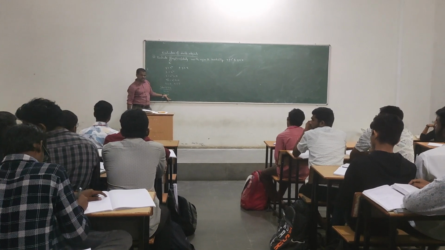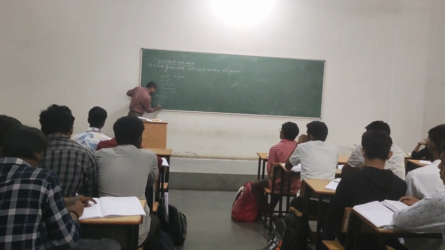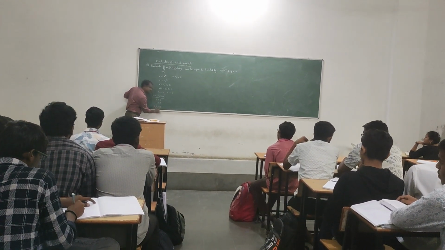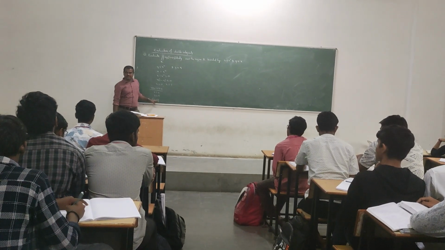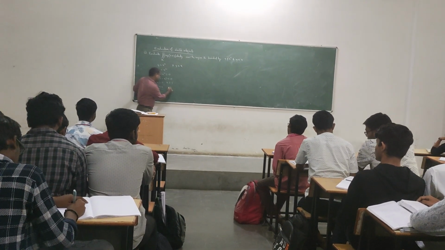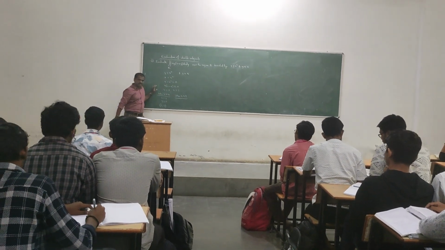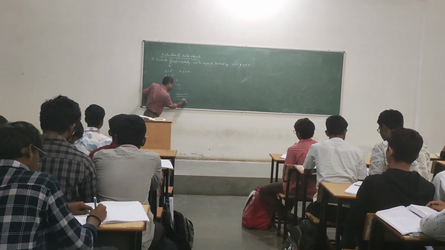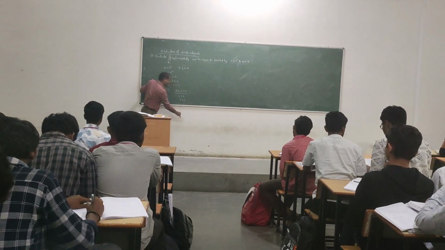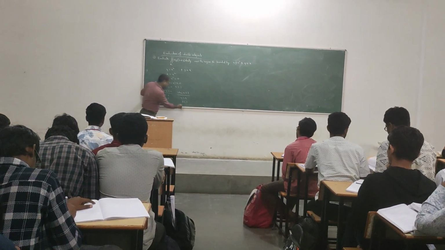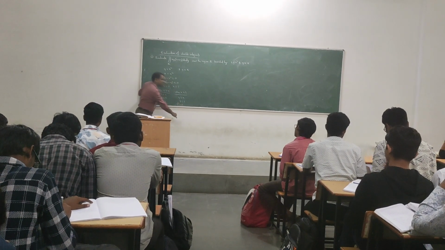Then the point is (0, 0). And similarly, when x is equal to 1, y is equal to x means y is also 1. Then in this case the point becomes (1, 1).